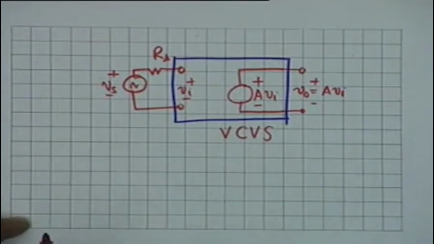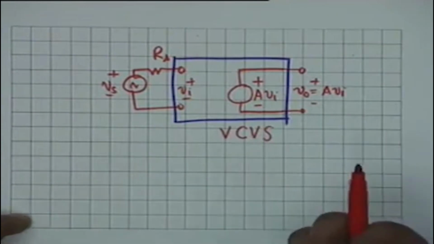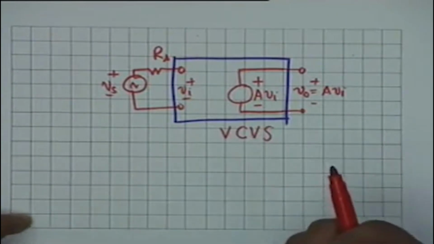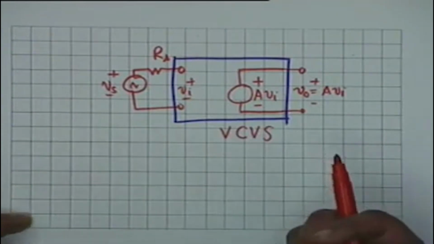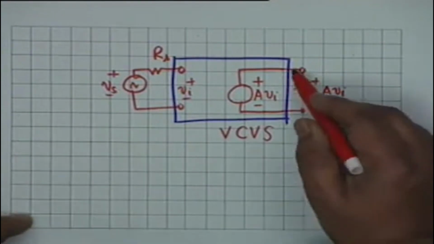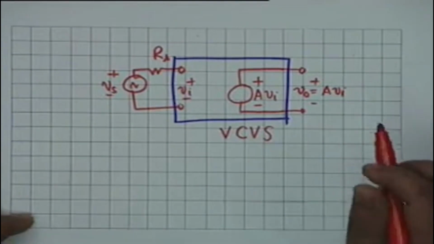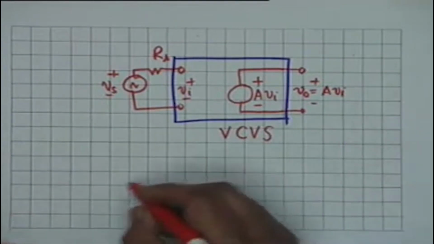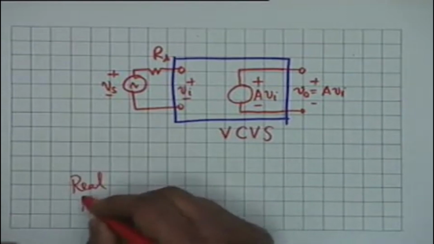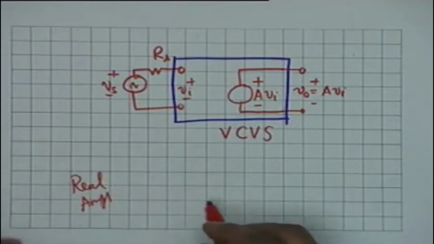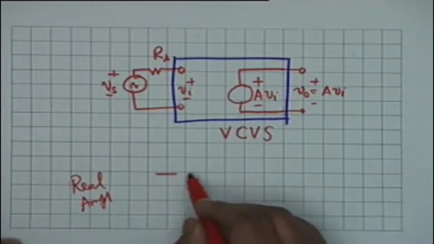In other words, a real amplifier takes in a certain amount of current. Ii is not 0, it is non-zero. Similarly, the output resistance of a real amplifier is not 0, but a non-zero quantity, and therefore the model of a real amplifier shall be like this.